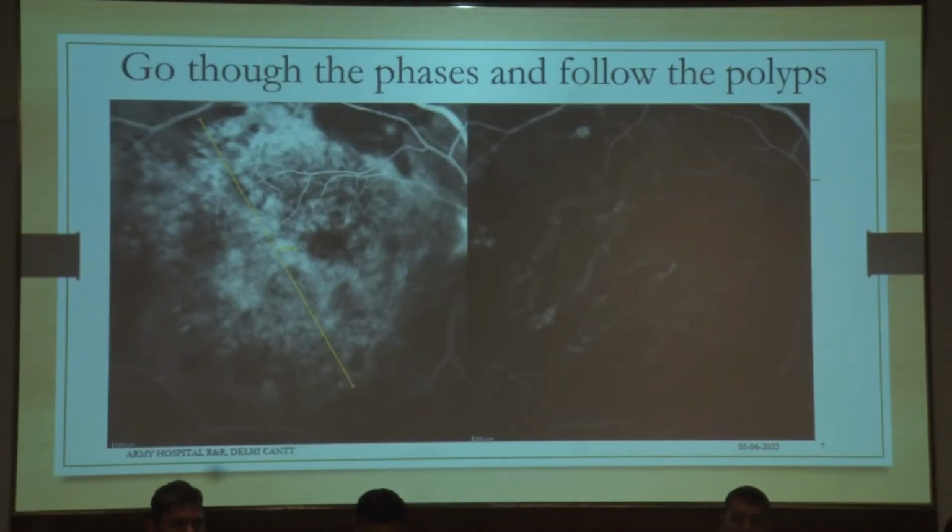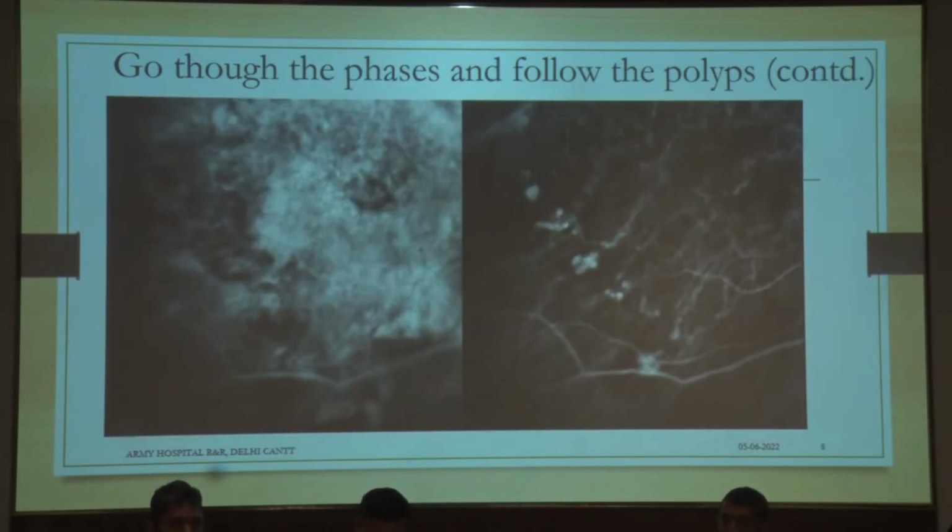Sometimes even in ICG, you may not get the polyps and the BVNs initially, so you have to go through the phases as late as almost 15 minutes to find those polyps. If you just see the initial ICG, you may miss those polyps and tend to underdiagnose.